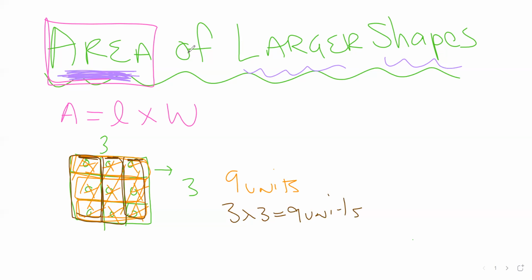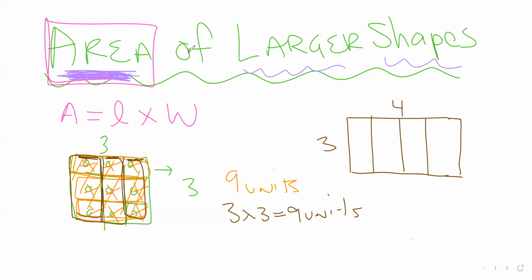Right. And we see that in other ones that maybe aren't so straightforward with 3 and 3. Like if we had a rectangle here and someone said, oh, well, what if it was 4 and 3? Well, I could model that, right? I could boom, boom, boom. So there's 4 columns and then 1, 2, 3 rows. And again, I could count my squares, but the reality is I know I have 1 column, 2 columns, 3 columns, and 4 columns.